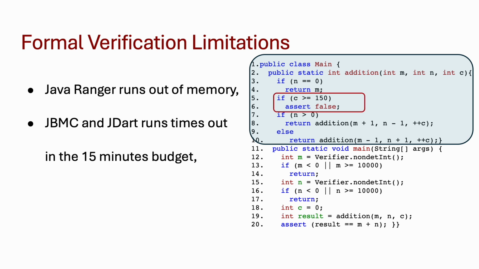When you look at the verification tools in SVComp 2025, you can see that none of them were able to get to that assertion failure. So Java Ranger runs out of memory, JBMC and GDART time out in the 15-minute time budget.